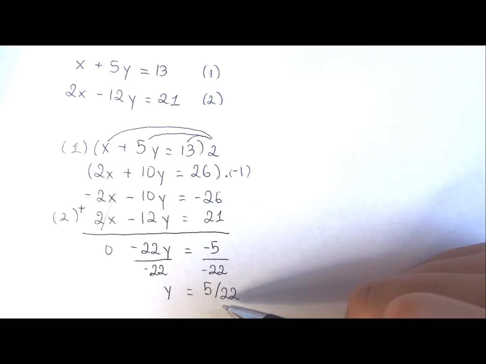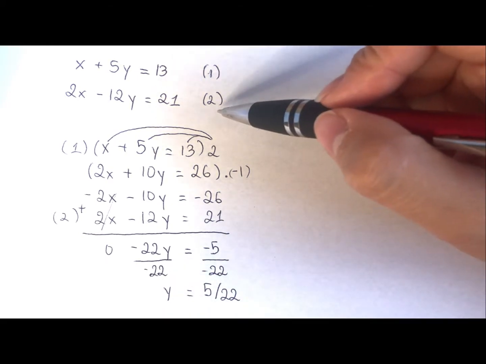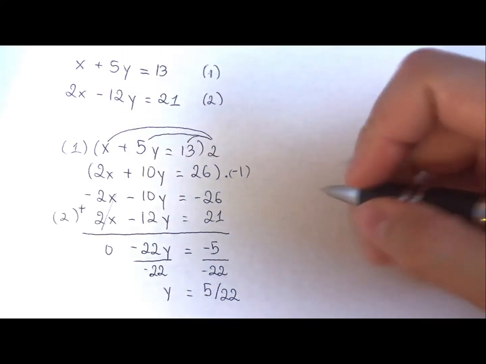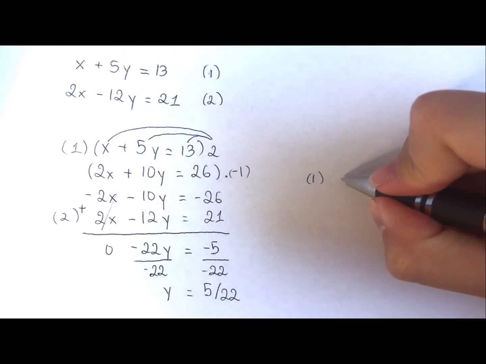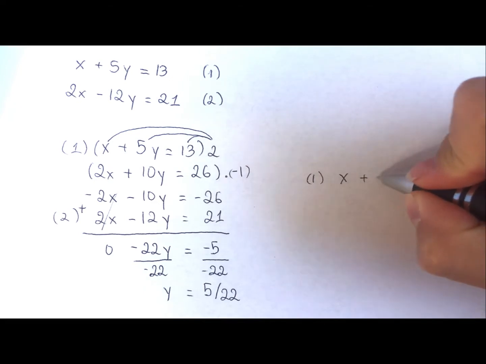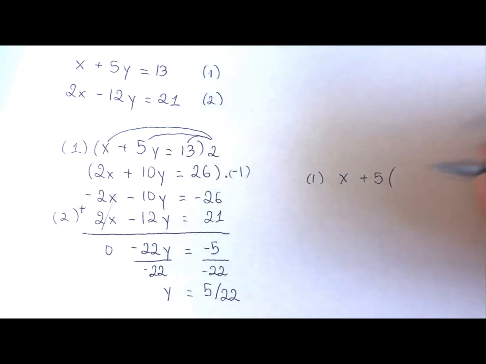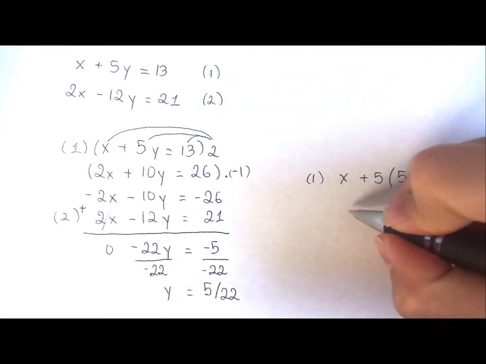Now that I found the variable y, I'll substitute it back into either equation and find x. I'll just substitute it into the first equation. So I have x plus 5y, and instead of y, I'll put 5 over 22, equals 13.